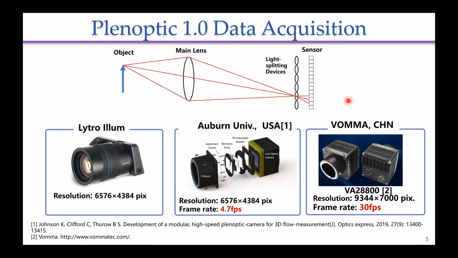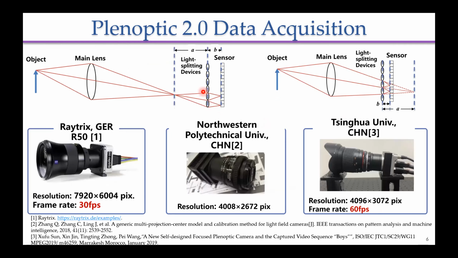The other type, plenoptic 2.0, puts the microlens array behind or in front of the image plane of the main lens, generating a re-imaging, or what we call relay imaging, architecture.